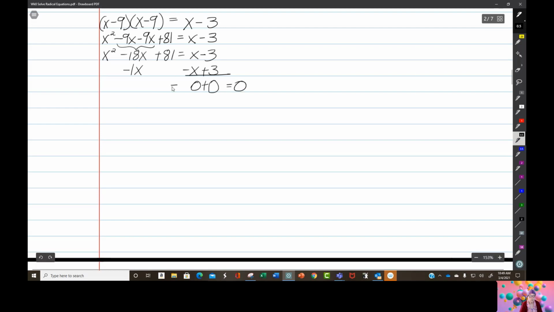So bring down your x squared. You subtract 18x, then you subtract another x, so you've subtracted 19x plus 81. And we are now going to see if we can factor that, and if we can't factor it, we can use the quadratic formula.